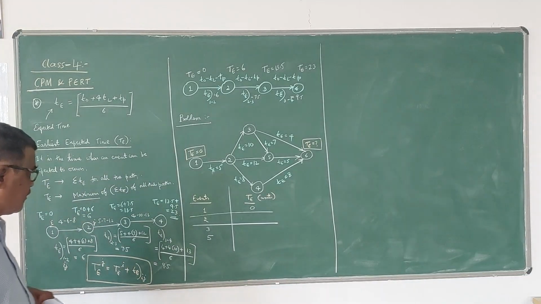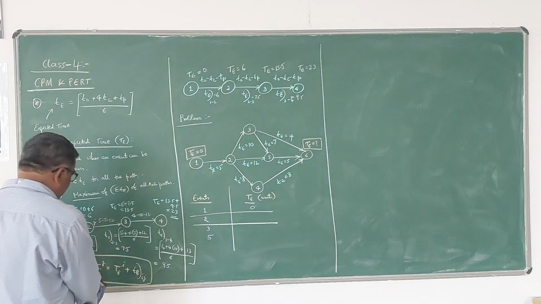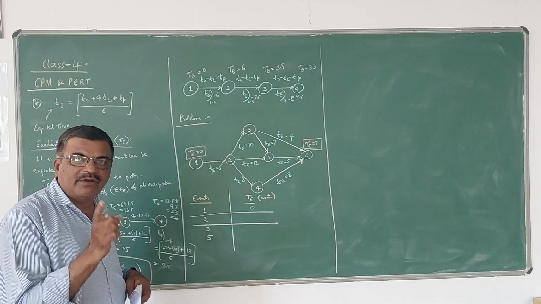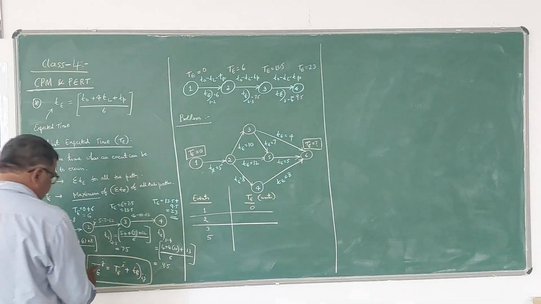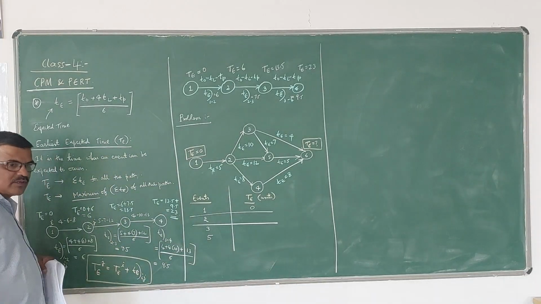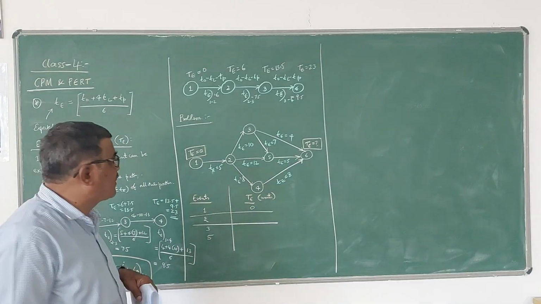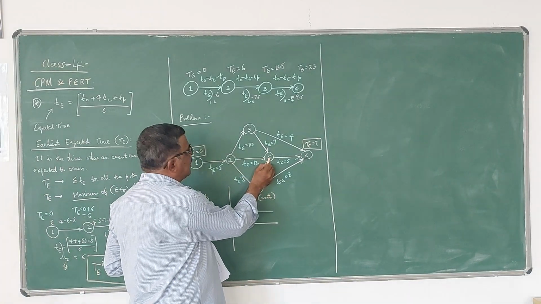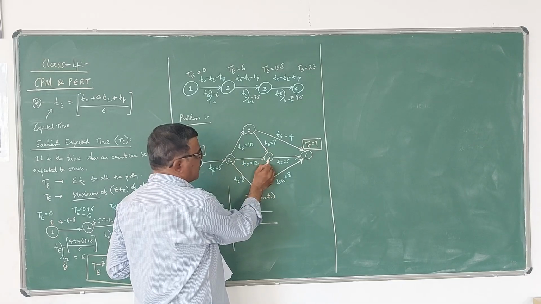This is important. Now this T of j, suppose only one activity is connecting to this j, then it is only one value. Suppose there are more than one activity, for example, you take this 5. There are 2 activities connecting to 5.